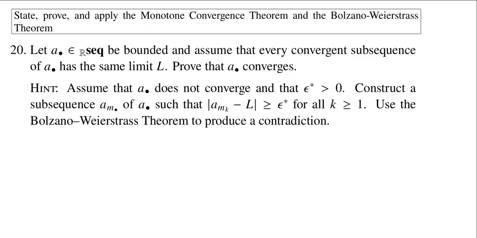Okay, problem 20, part of the standard on monotone convergence theorem and the Bolzano-Weierstrass theorem. So let's see, we're given a sequence A, it's a real sequence, and oh, it's bounded, okay.